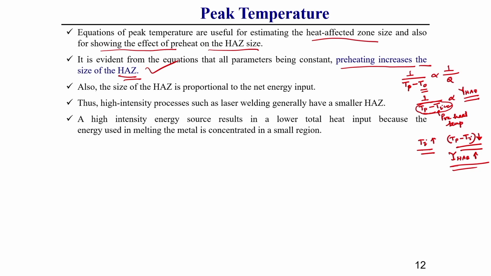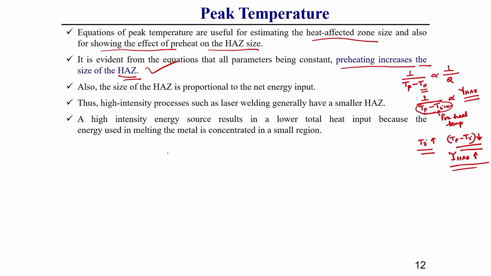Okay. Apart from these things, what we observe is that generally a high intensity power source gives you a less heat affected zone. Let me discuss it a little bit. Generally Q equals eta V I. High intensity beam means how much heat is there per unit area.